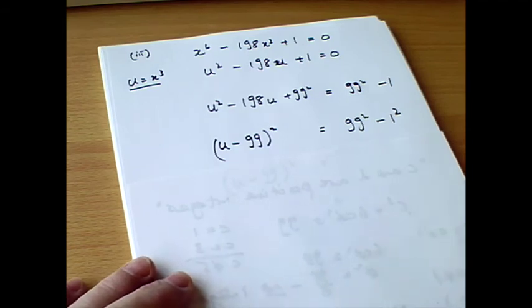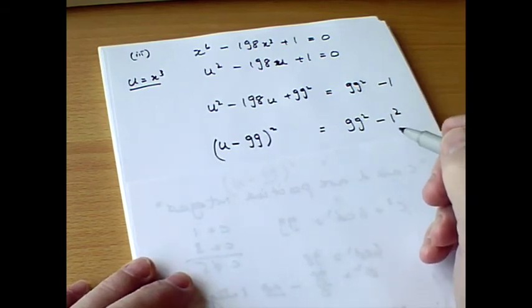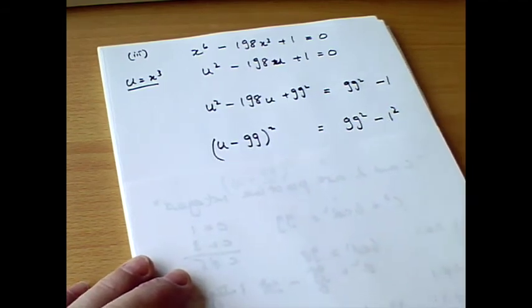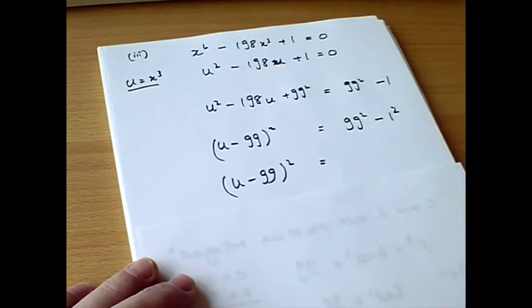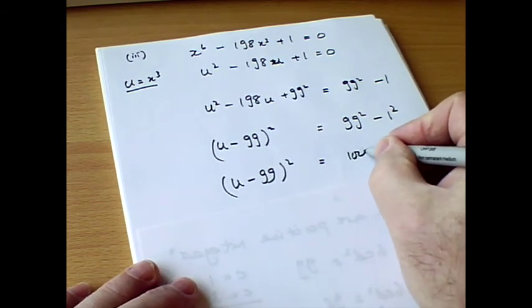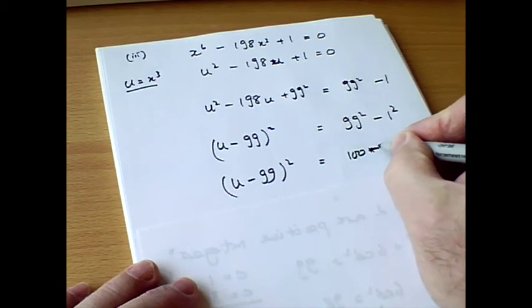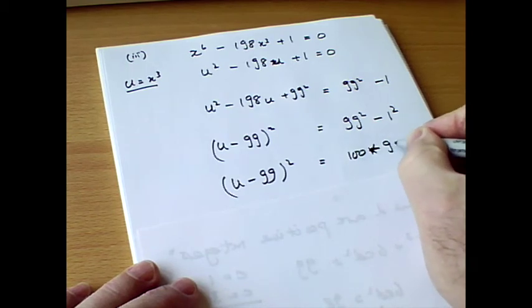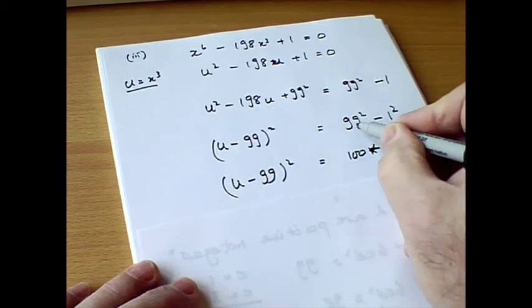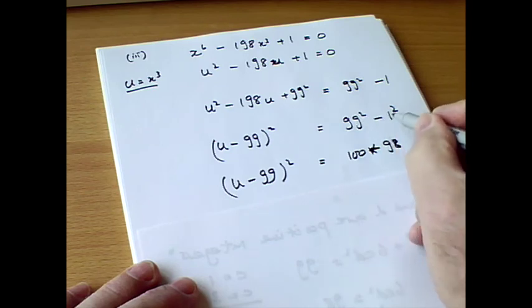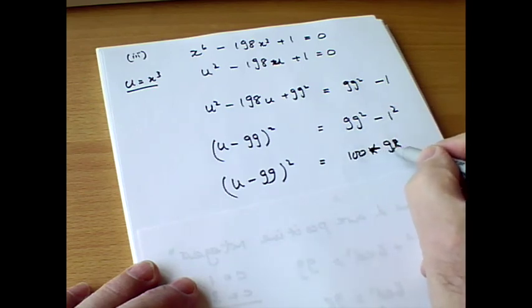The left hand side will be u minus 99 all squared, and the right hand side is the difference of two squares. So this is 100 times 98. A squared minus b squared is a plus b multiplied by a minus b.